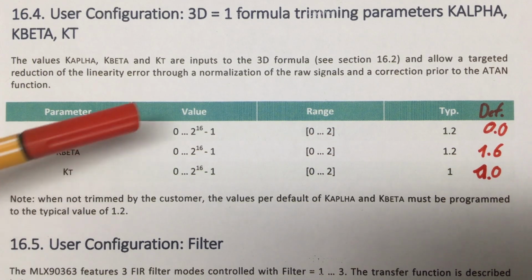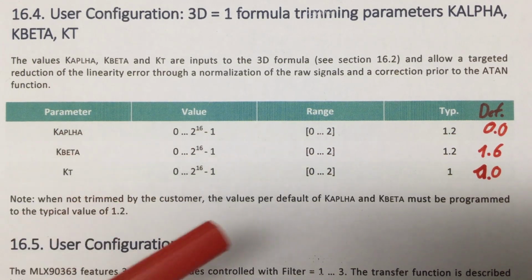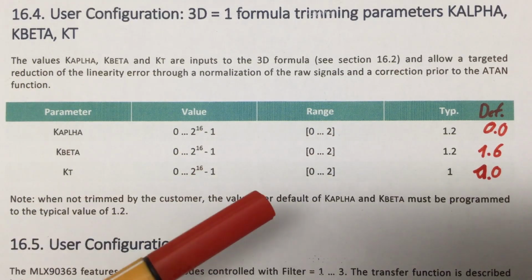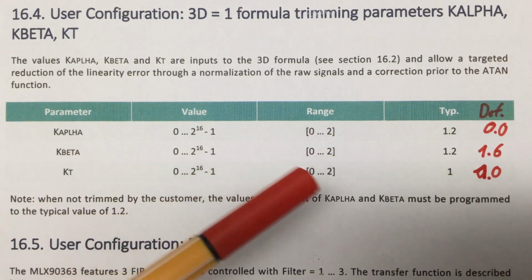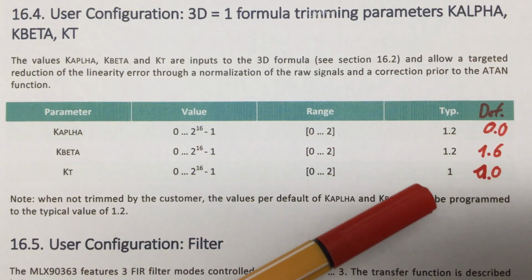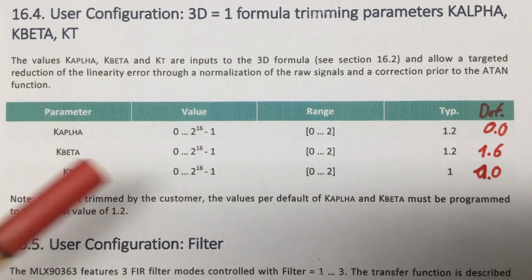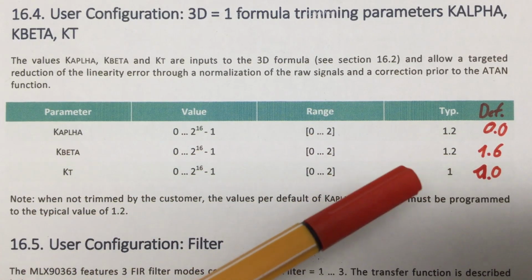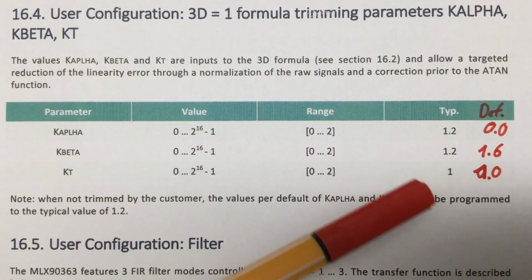As we already know, they are all 16-bit parameters that are translated to floats, to be more specific, into a float range between 0 and 2. We also get some typical values for KALPHA and KBETA, 1.2, and for KT, 1. While KT is usually 1, we will see later on.